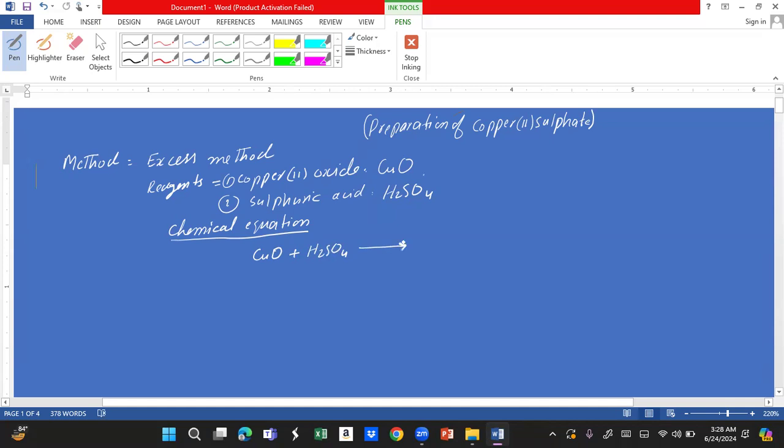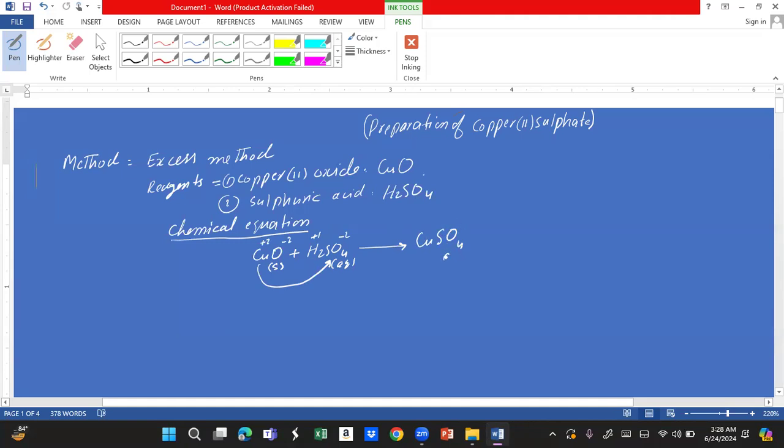You know, copper(II) oxide is an insoluble salt, so better to write the solid subscript, and sulfuric acid aqueous. When they react together, you see copper is +2, oxygen is -2, sulfate is -2, hydrogen is +1. This copper will recombine with the negative ion and we will have copper(II) sulfate.